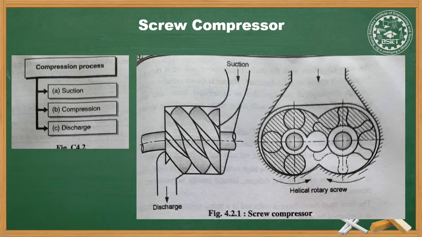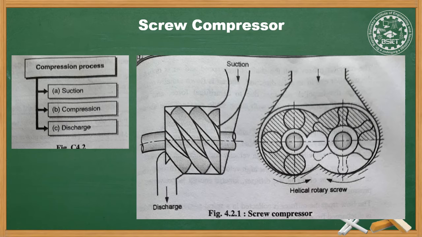In compression, further rotation starts meshing of another male lobe with another female interlobe space on the suction end and progressively compresses the air in the axial direction of discharge. Thus, the occupied volume of trapped air within the lobes or interlobes decreases and the air pressure increases consequently.